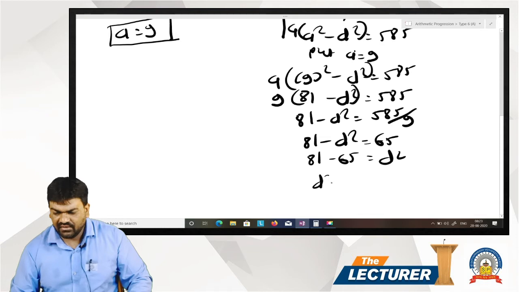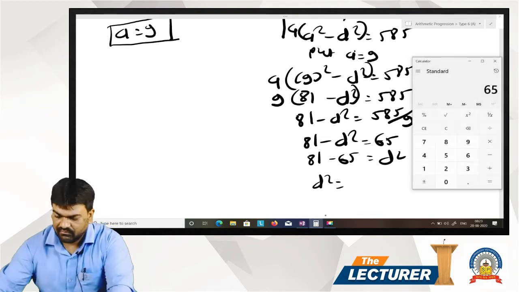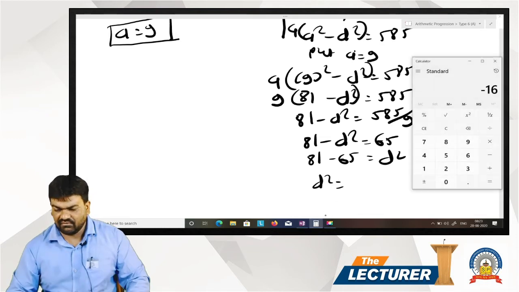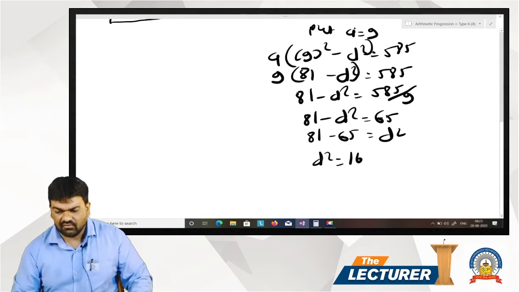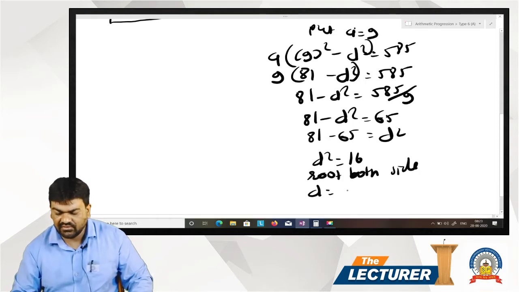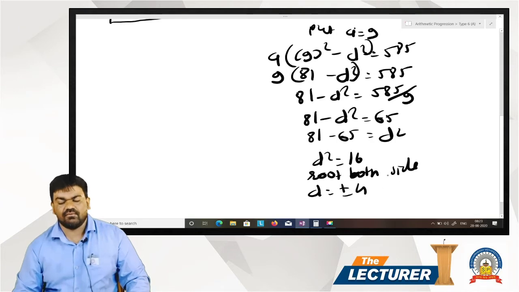So D square is equal to 16. Now root both sides. So D is equal to plus or minus 4.